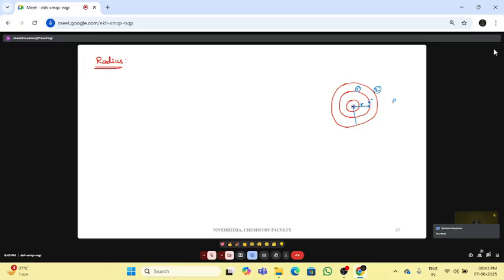Increase. So they are directly proportional, right? So the formula to calculate radius is Rn, which is equal to 0.529 n square divided by Z, and the unit is angstrom. Angstrom is nothing but 10 power minus 10 meter.